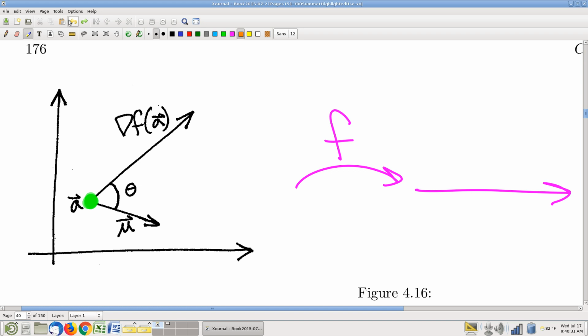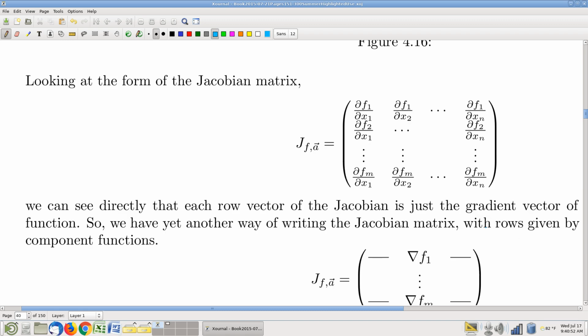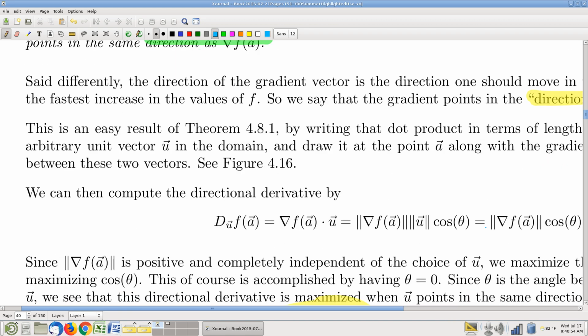So let's suppose that I decide to move in a particular unit vector direction, and let's compute what that unit directional derivative is. There's going to be a corresponding unit directional derivative here, and this is something we can compute. Here's how we compute unit directional derivatives: dot product with the gradient. Formula on the previous page.